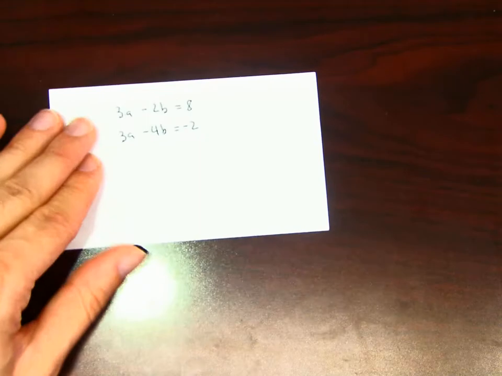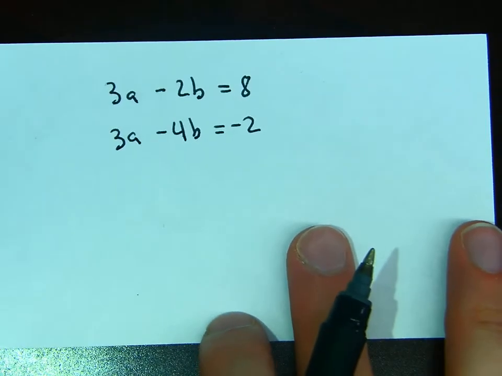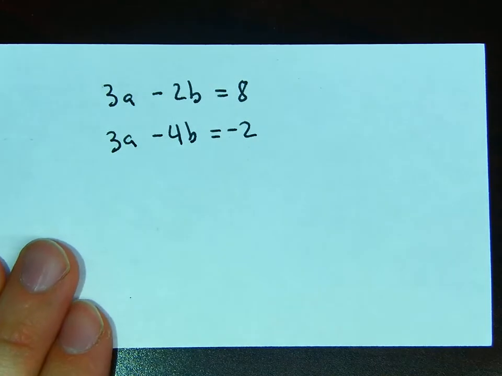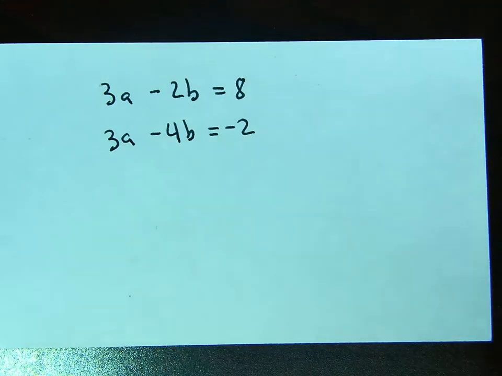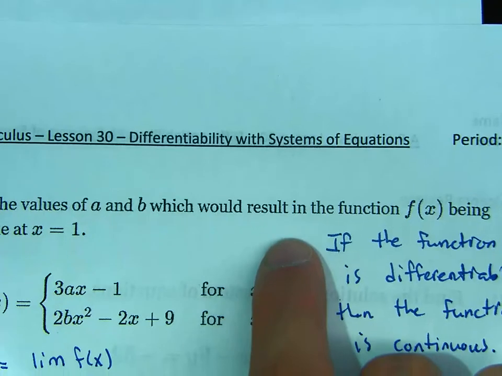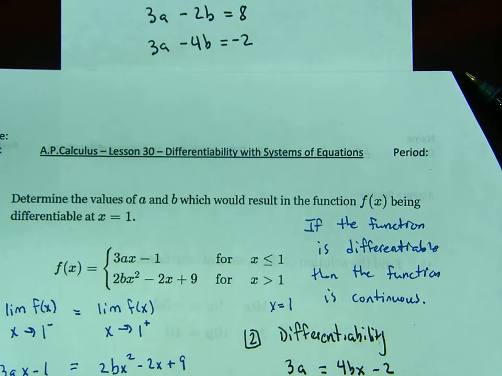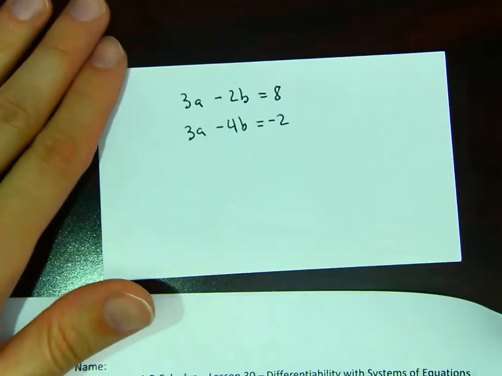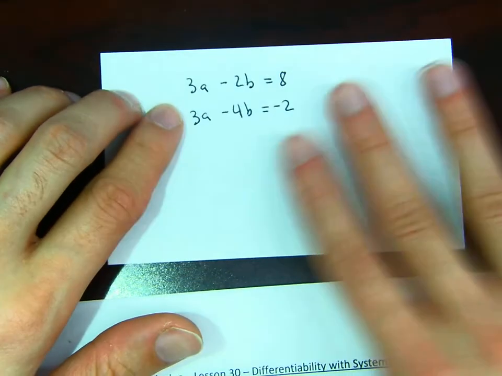Imagine if I said, hey, just this. Can you solve this system of equations for a and b? And that's all you need to do to solve this problem, to see which a and b values would make the function differentiable at x equals 1. Okay? So this, I assume that you could almost do on your own. I think you could do this on your own. I mean, I'll show it in a second.